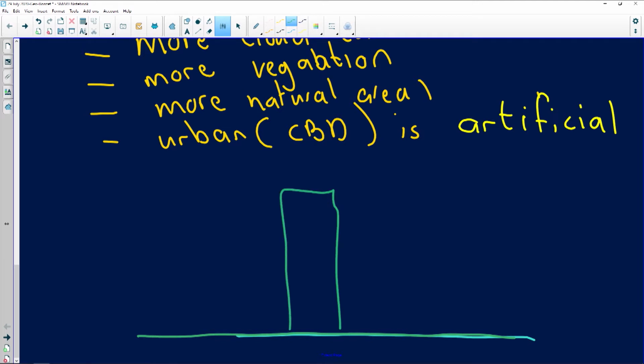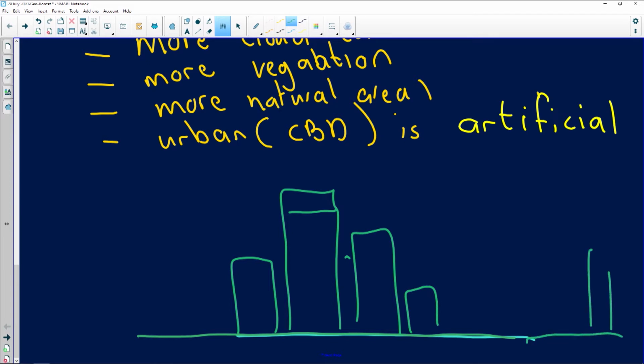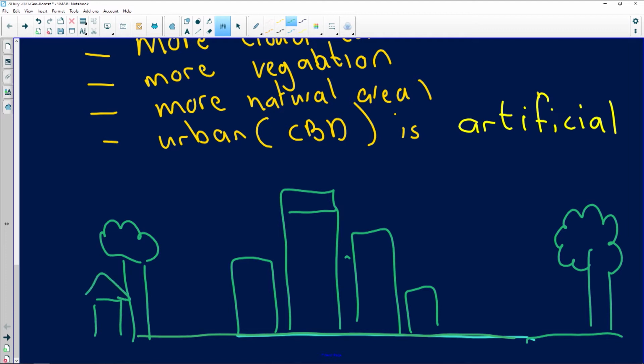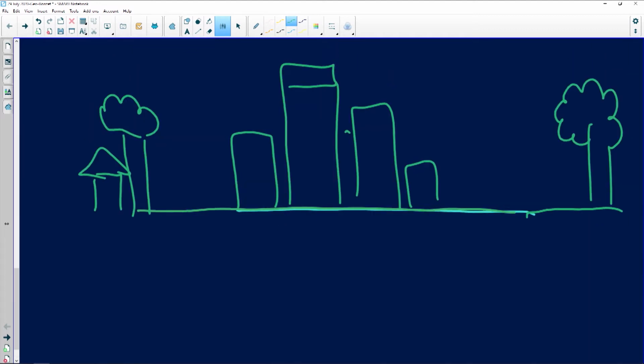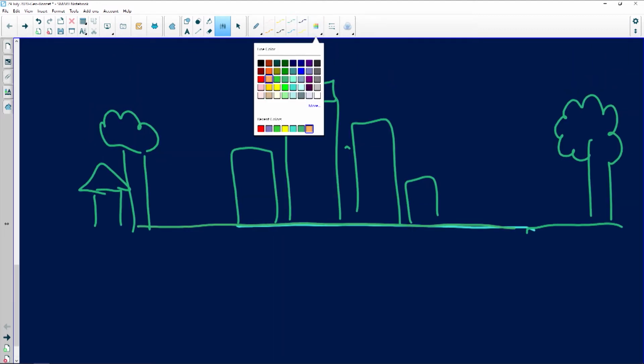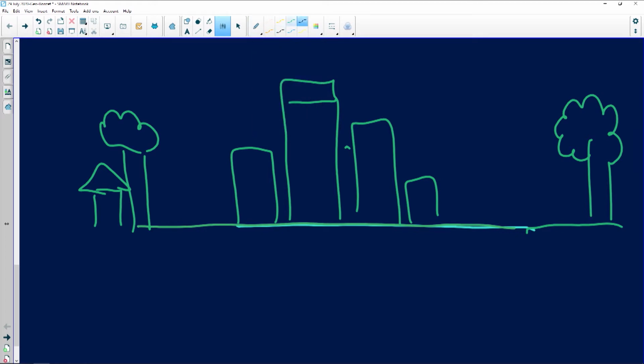Okay, this is my CBD, my tall buildings. And further away, we have our rural areas. I'm using trees as an example because we've seen in the photographs that the rural areas are covered with vegetation.